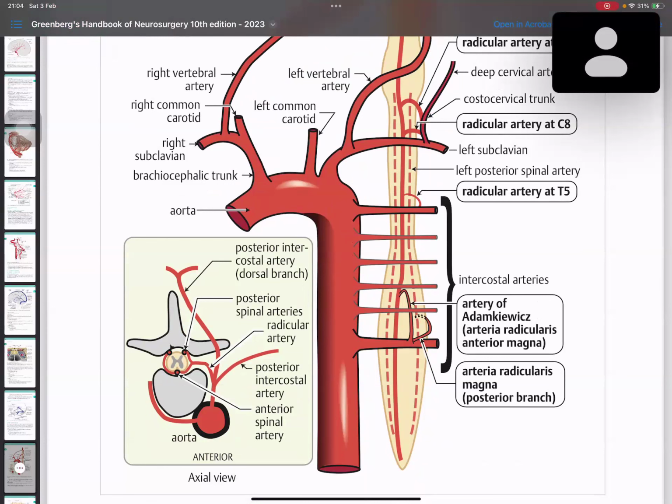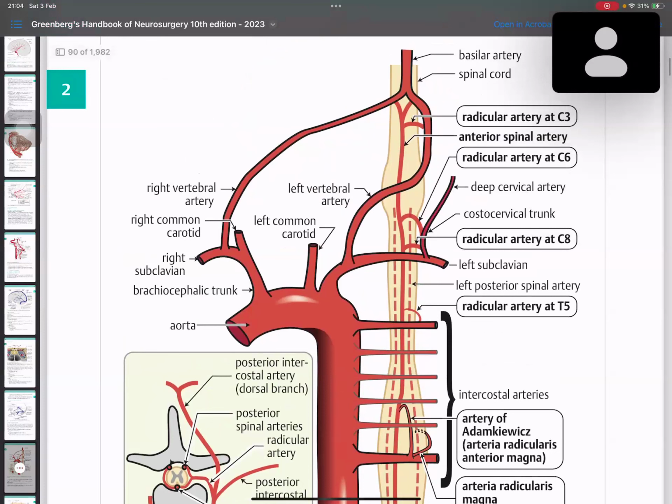We have to note that at the level where the brachial plexus comes from, they usually need important vascularization. Hence, in the cervical region, between C4 and C8, we will have supplements from these radiculomedullary arteries.